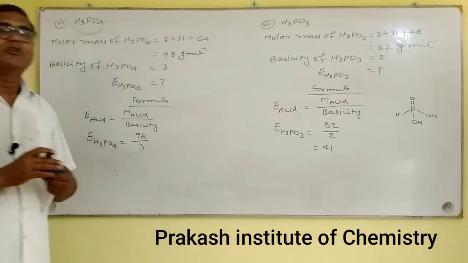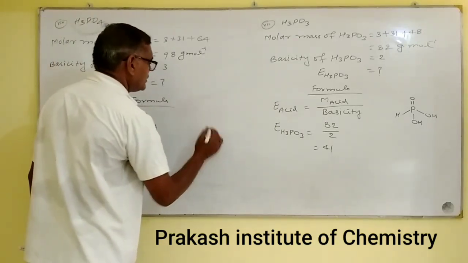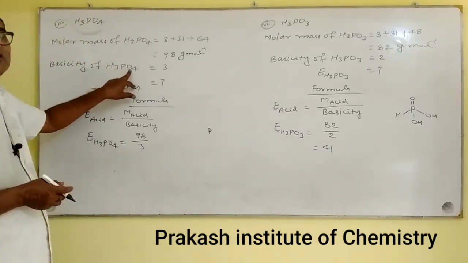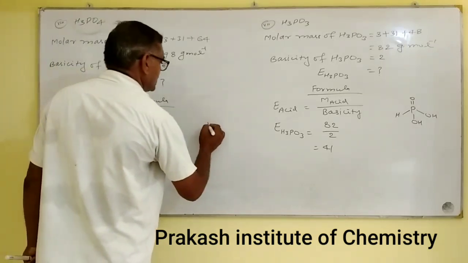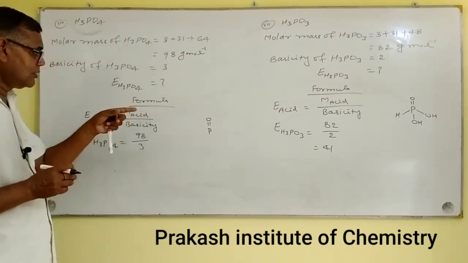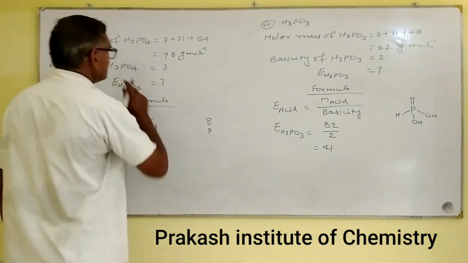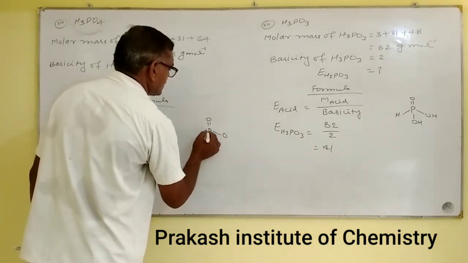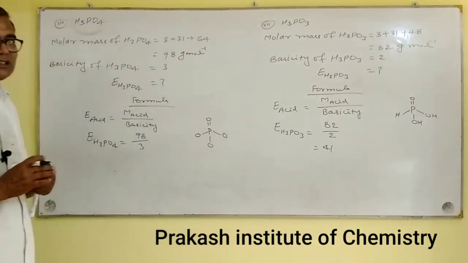In H3PO4, central atom is P. In H3PO4, number of oxygen atom 4, one oxygen atom is connected by double bond with phosphorus. 3 oxygen atoms are connected by single bond with phosphorus.